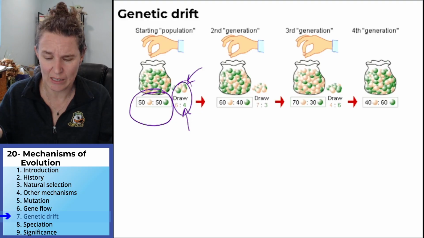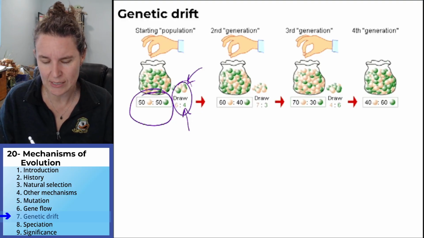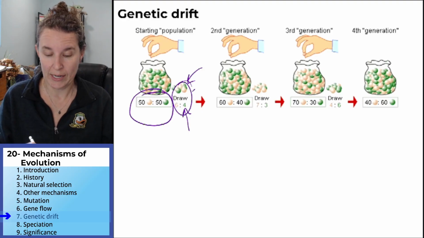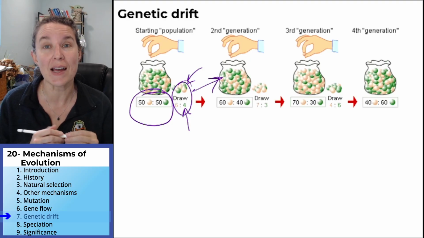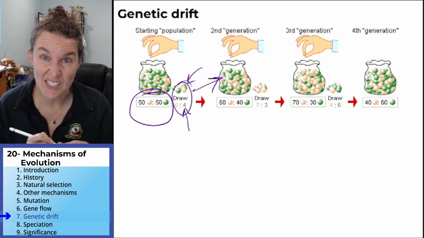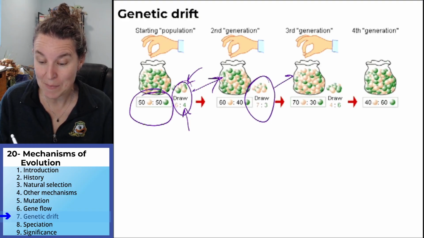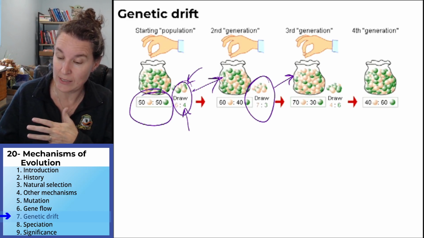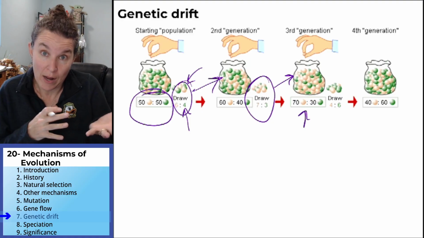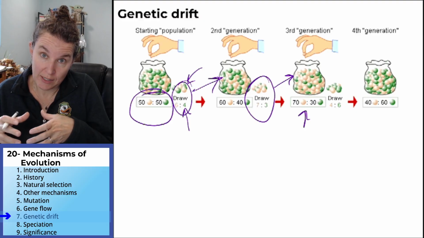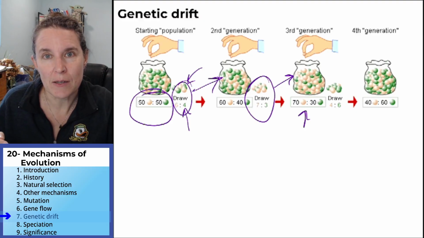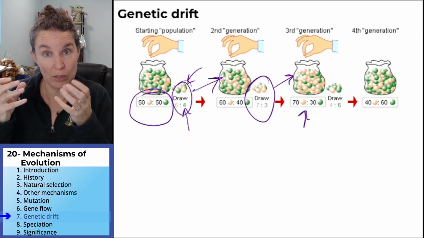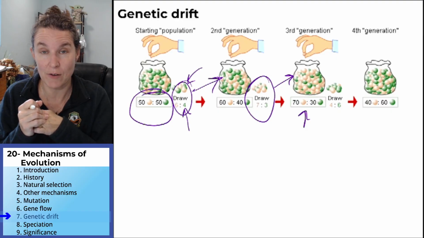If you drew 6 brown and 4 green and made a new population that now has more browns than greens, and then you drew again and made a new population that has 7 browns for every 3 greens, which is 70 brown in this bag and 30 green. It's random. You would expect to draw 7 brown and 3 green if you pull 10 marbles out.